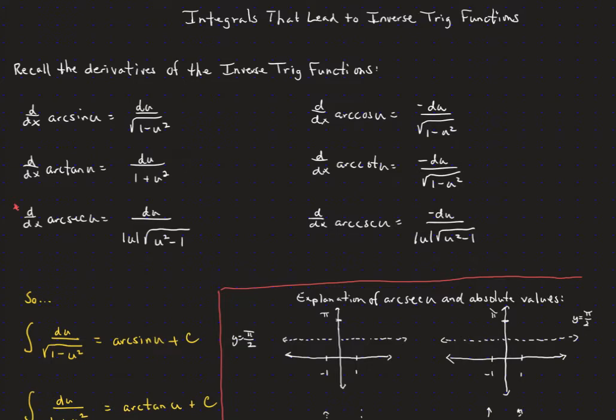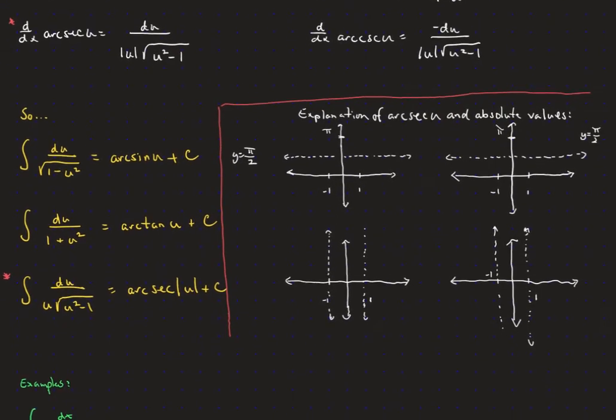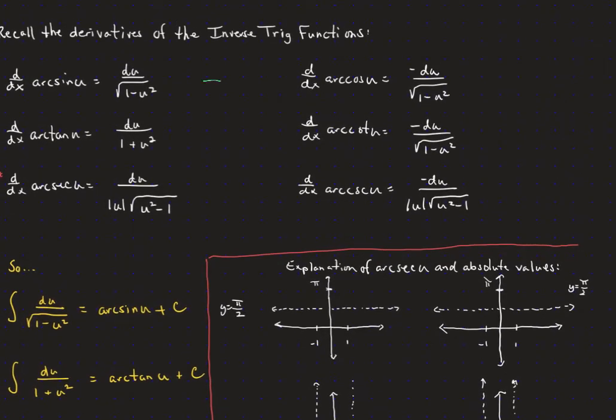So let's slide down and look at the yellow a minute, and we'll talk about our integrals. So we see that if we know the derivative of these, since the derivative of arc sine and the derivative of arc cosine are only a sign different, rather than integrating something like this and saying it's going to be an arc cosine, we're going to move the negative outside and just say that it's going to be a negative arc sine of u.